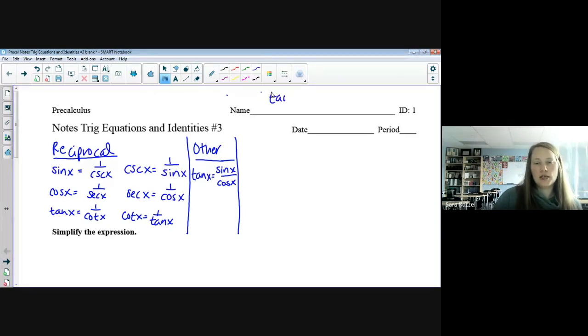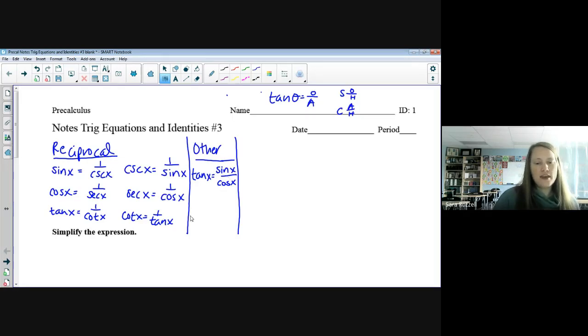Remember that tangent is opposite over adjacent, and sine is opposite over hypotenuse, and cosine is adjacent over hypotenuse. If you do opposite over hypotenuse divided by adjacent over hypotenuse, the hypotenuses cancel out, and you end up with opposite over adjacent, which was tangent. So tangent is just sine over cosine. We can replace any tangent we see with sine over cosine. That might help us to simplify things.